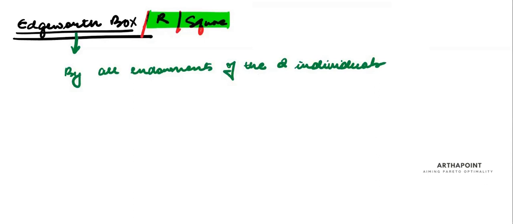So if I consider the endowment of the two individuals together, then what I receive is called an Edgeworth box.